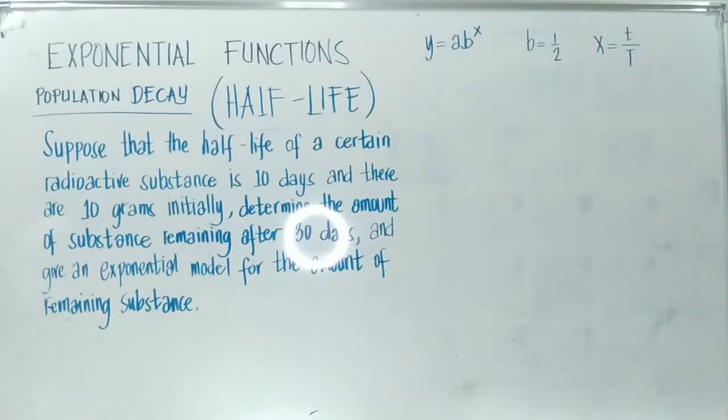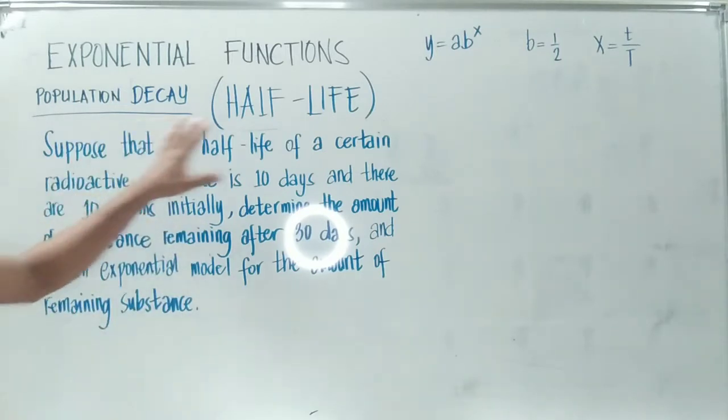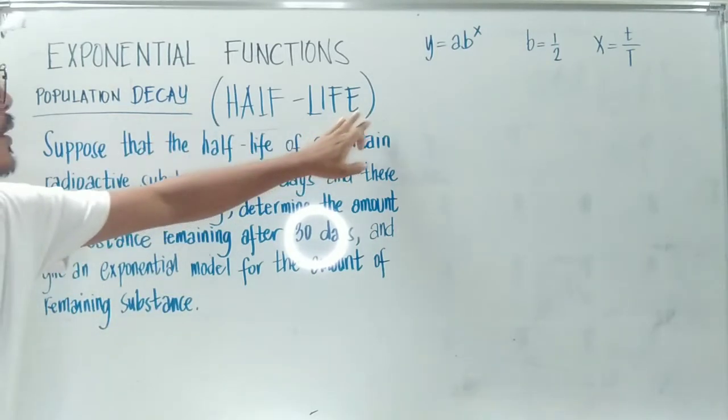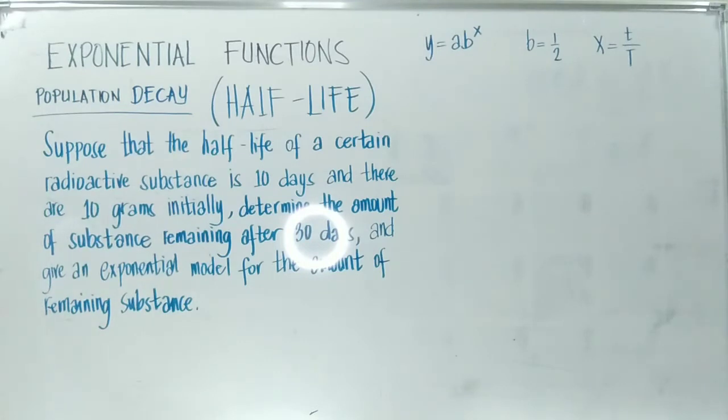For the next example of exponential functions in relation to population decay, we have another example, and it is related to half-life. So half-life is focused on radioactive substances and the time it takes for half of the substance to decay.